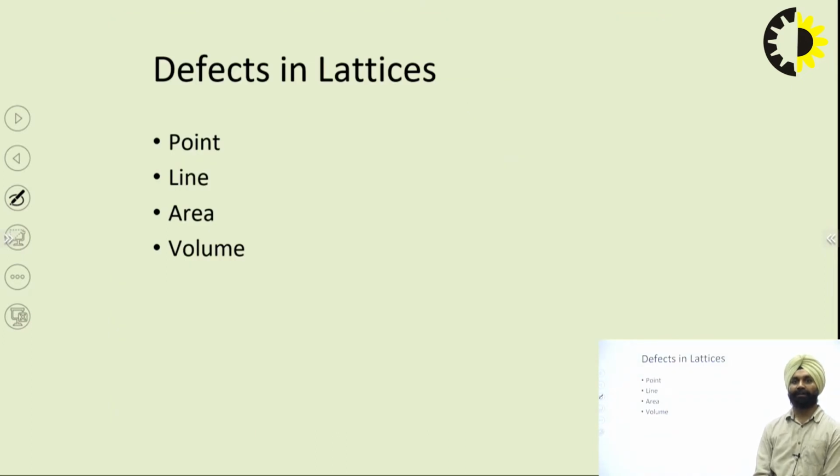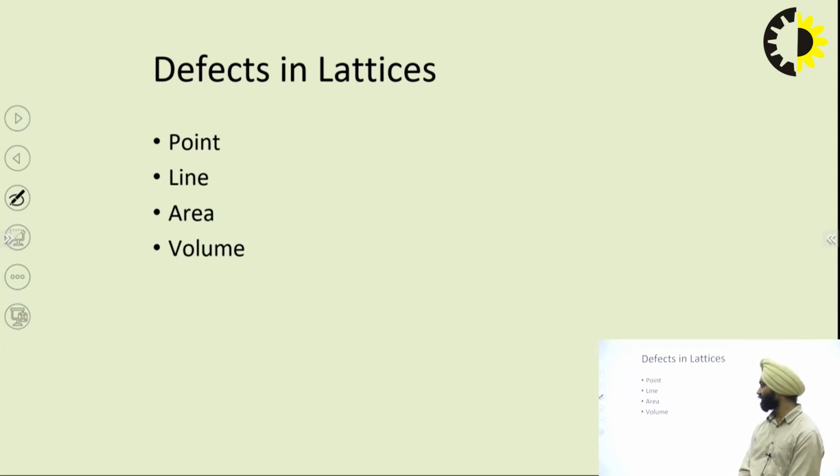Now, there are some chances where we can have defects in the lattice. These chances are due to the misplacement or the missing of lattice atoms.